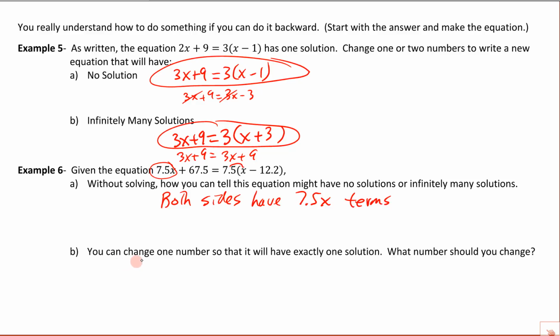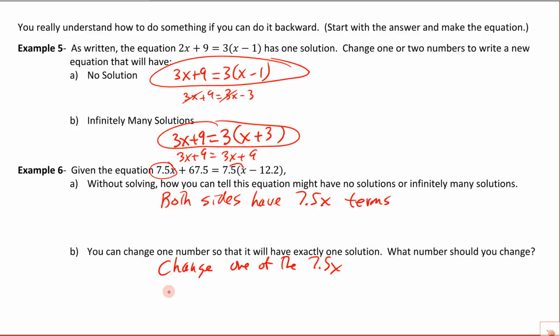And then it says you can change one number so that it will have exactly one solution. What number should you change? Well, I have no idea what 7.5 times 12.2 is, and it frankly doesn't matter. If we want to make it have one solution, we need to make it so that those are not both 7.5s. So what we'd say here is we would change one of the 7.5x's.